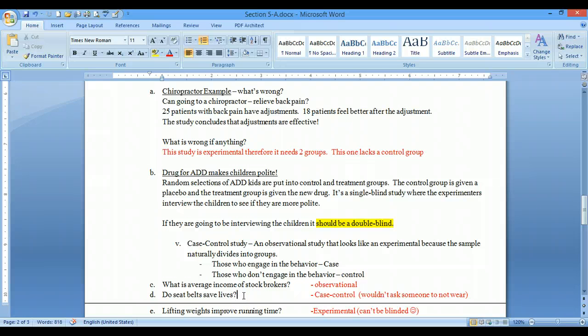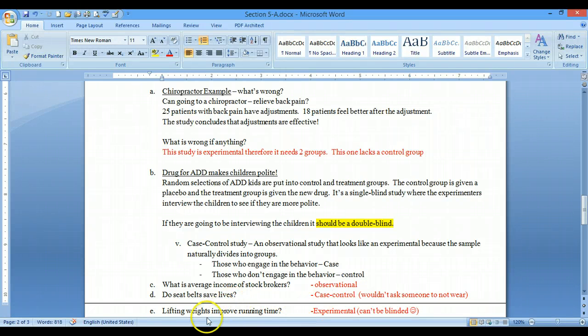We would never ask somebody not to wear a seatbelt. Something like this, an experimental study, you could do with crash test dummies. So this is a case control where you find people who have and those who haven't, and unfortunately examine crashes where people have lost their lives versus those who have been saved by their seatbelt.